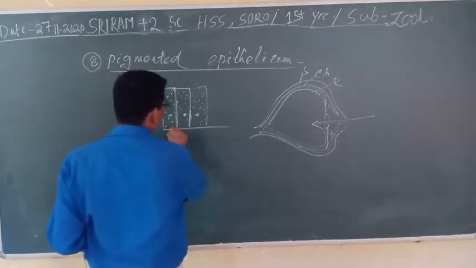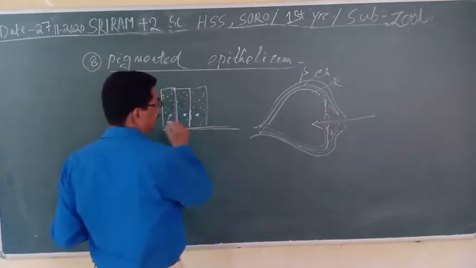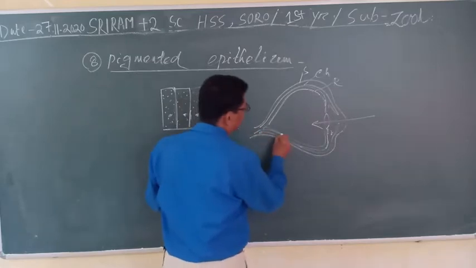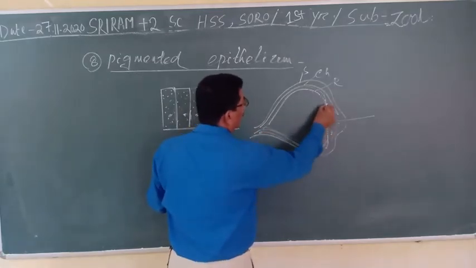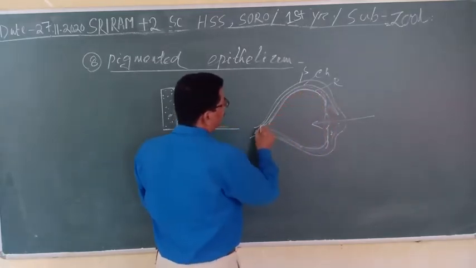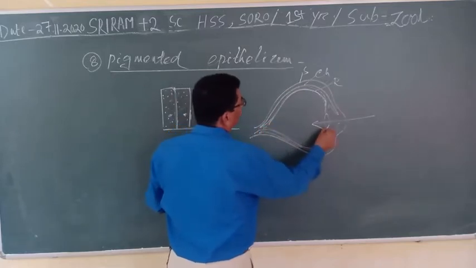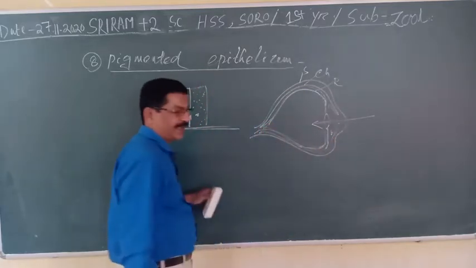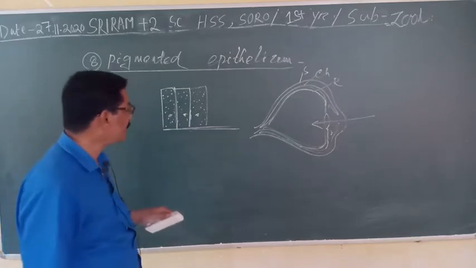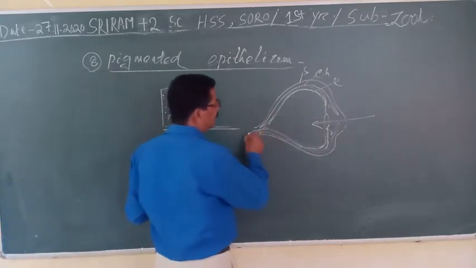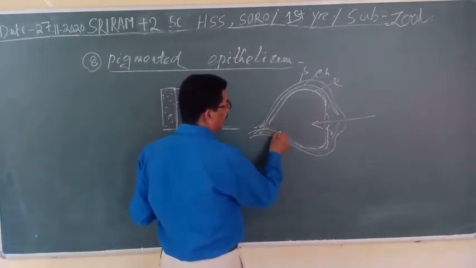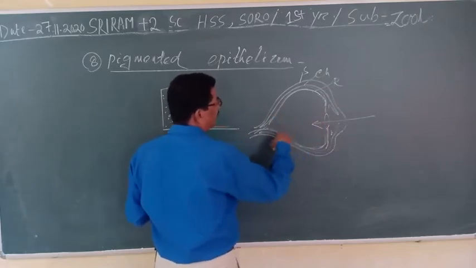It is present in the inner layer or basal layer of the retina of the eye, where it absorbs the excess amount of light or sunlight which enters into the eye.